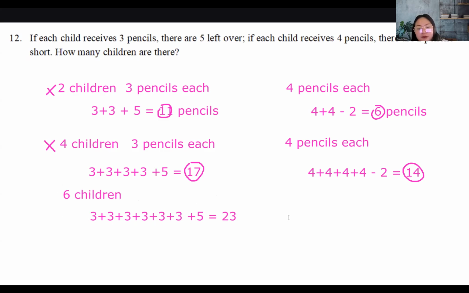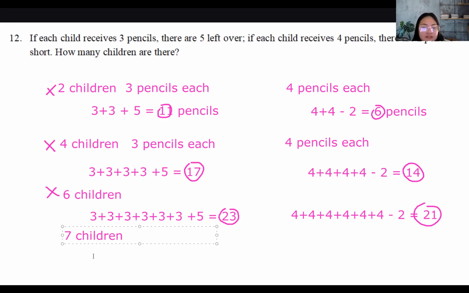Now, if you have 4 pencils each, that would be 1, 2, 3, 4, 5, 6, minus 2. That is equal to 21. So again, the answer is not 6 children because the number of pencils are not the same. So let's try 7 children.